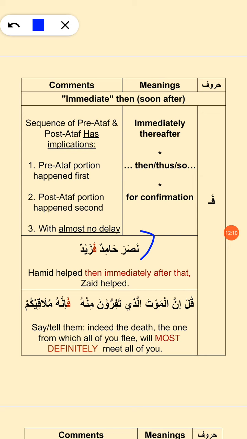However, the subtle point is that immediately after that, Zaid helped. So not only did Zaid help after Hamid's help, but Zaid's help also happened right after, or immediately after, Hamid's help. That's what you need to understand.